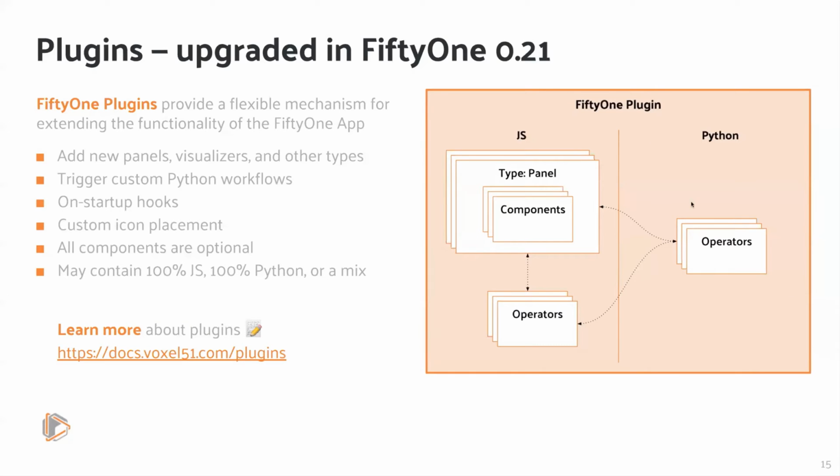In the context of plugins, a plugin is a container for a variety of different things. Plugins can contain components of various types, like panels, and then they can contain one or more operators. Operators can be written in Python or JavaScript, and these pieces can interact with each other through a message passing mechanism.